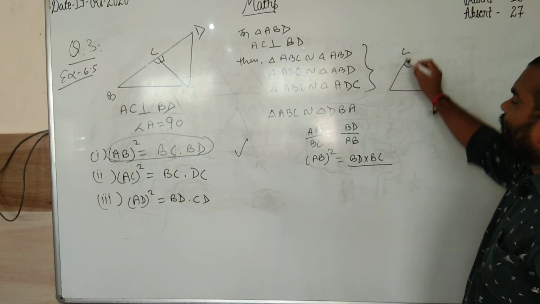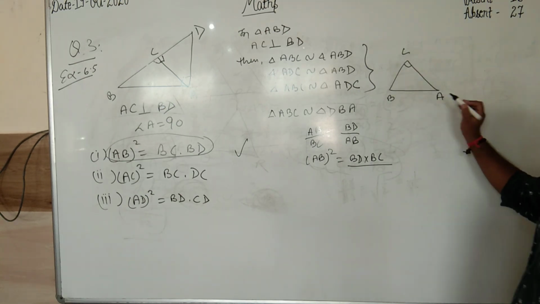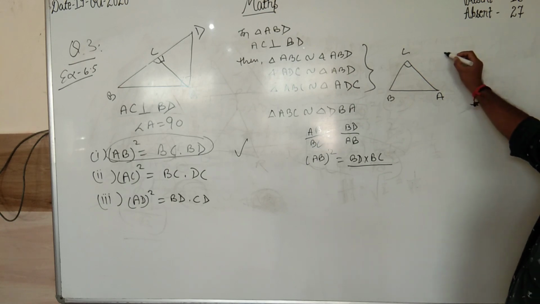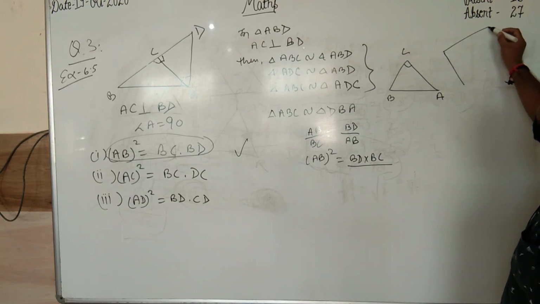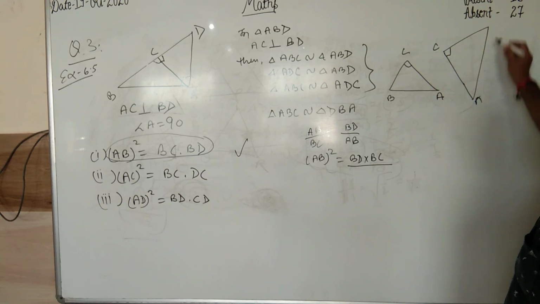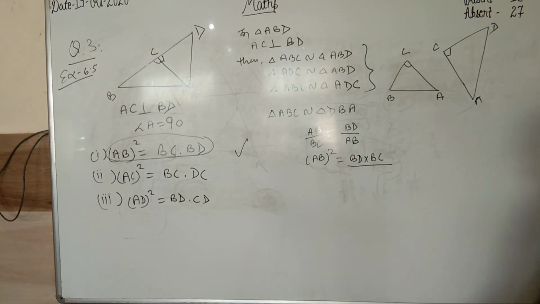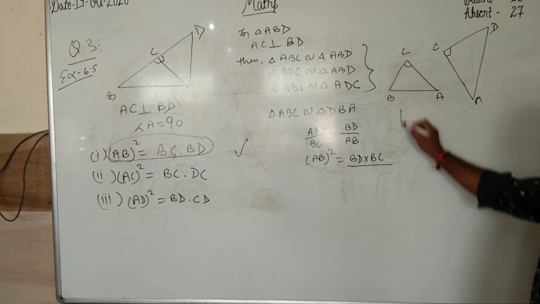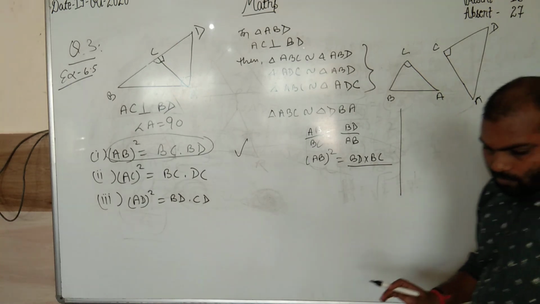This is C, this is B, this is A. And what about this? Figure is like this, na? This is the right angle C, this is A, this is D. Now any idea? First C.